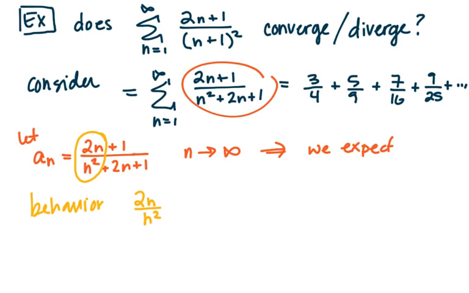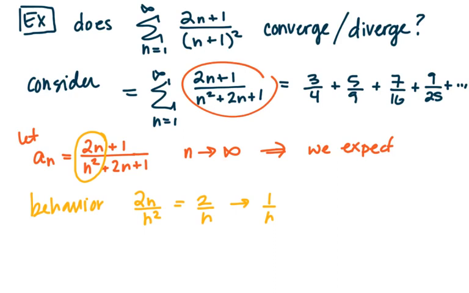These should be similar, and of course we can simplify that. That's equal to 2 over n, which looks like our harmonic series. I'm just going to choose 1 over n because that's my harmonic series. So what we assume is that this series is going to behave pretty similarly to my harmonic series.